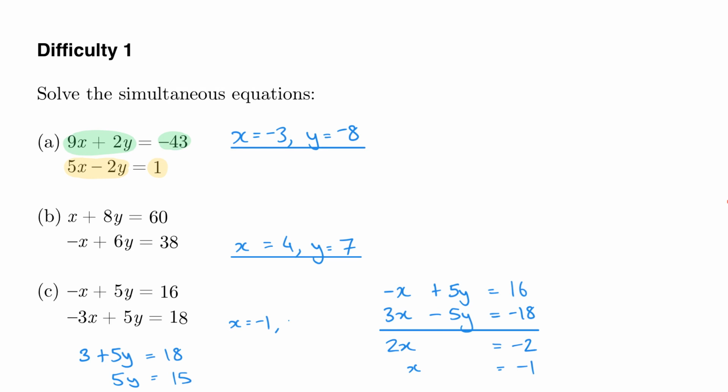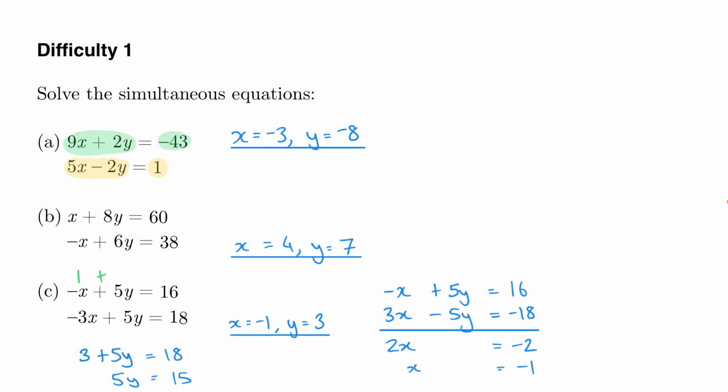So we've got x equals -1, y equals 3. And because we just used this equation to work out the value of y, let's check that we've got this right by substituting both values into the first equation. So negative x is going to be -1, which is simply positive 1.